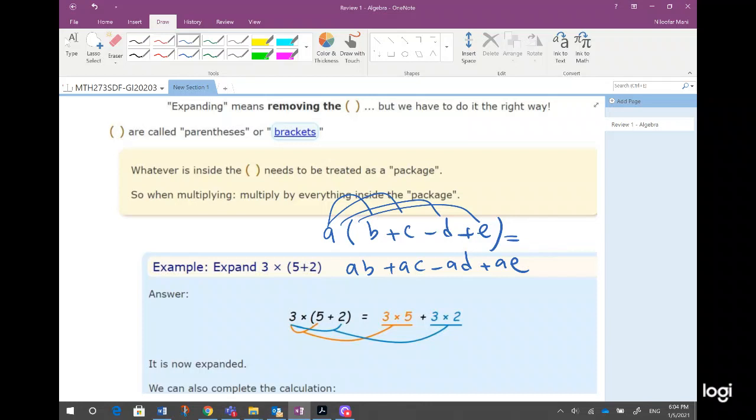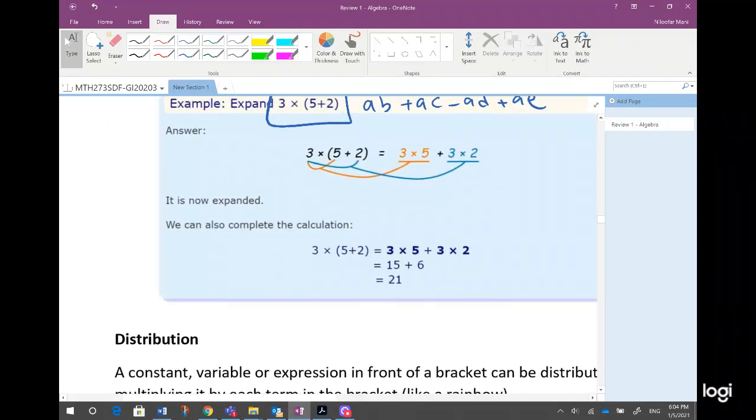But how about if I have this? I cannot add b and c and d and e because I don't know the value of them. If I give you numbers, you can do BEDMAS, so you do 3 multiplied by 7, which is 21. But how about if I don't have numbers?